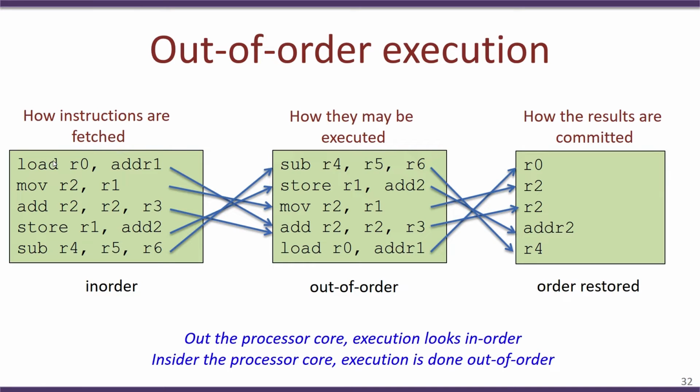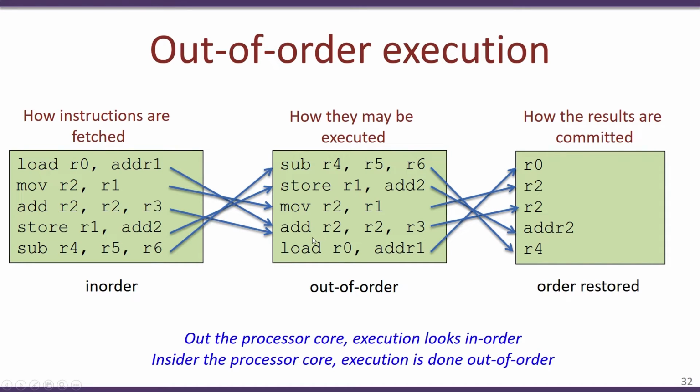In other words, the processor would still be able to get the correct result even when executing these instructions in an out of order manner. In the second figure, what we show is what happens inside the processor. You see that the instructions are actually executed out of order. The subtract instruction in fact is executed first, then we have the store instruction and so on.